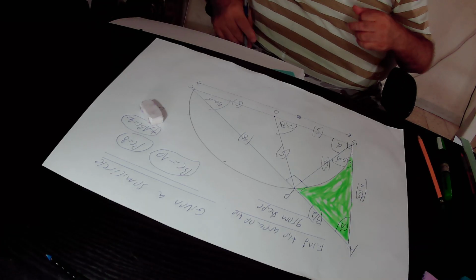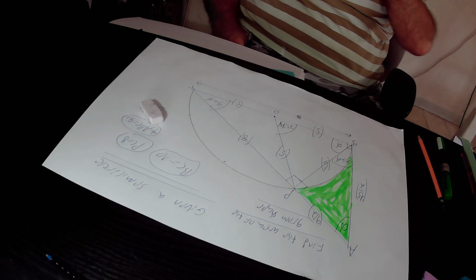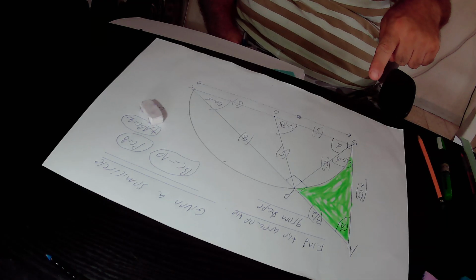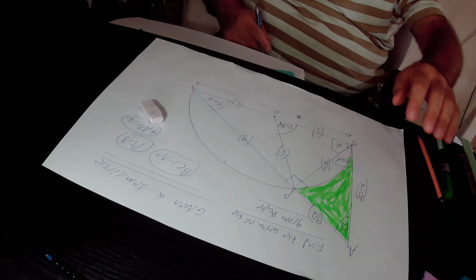Our task is to find out the area of this green shape. So first of all, in the first step, we calculate the size of segment BP. This is segment BP.